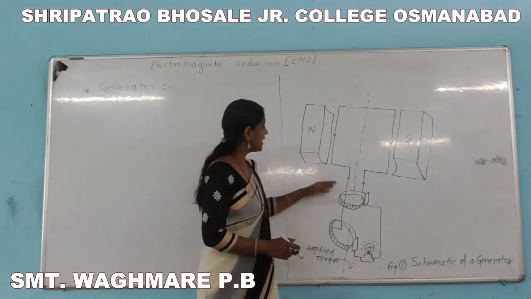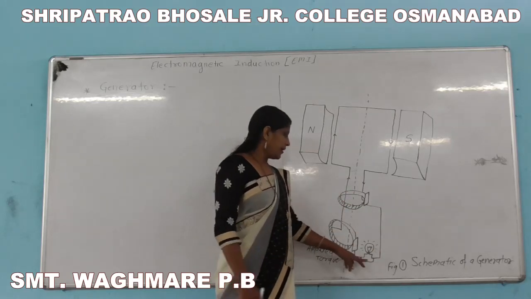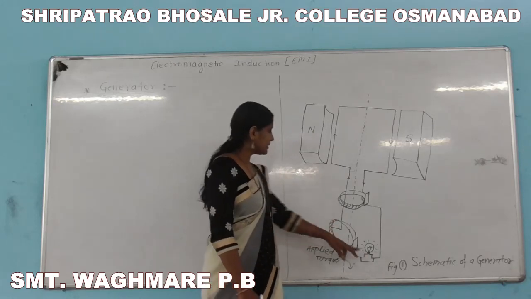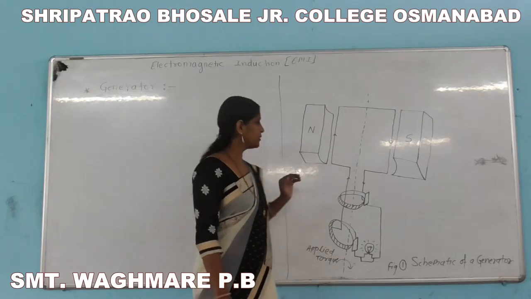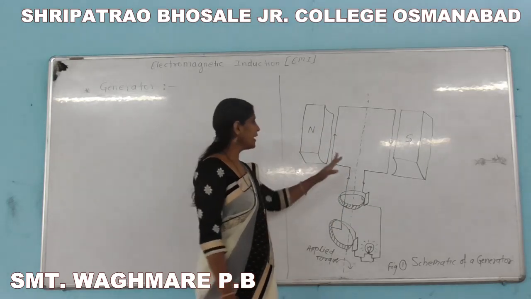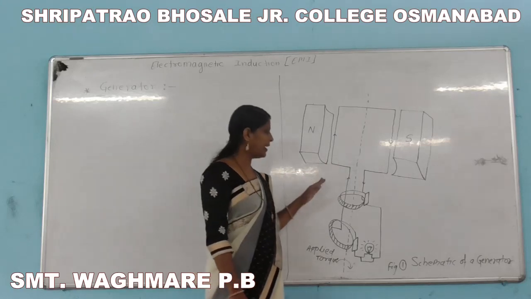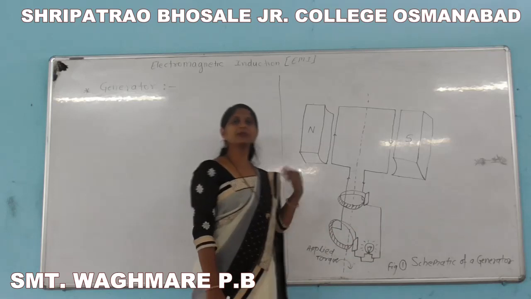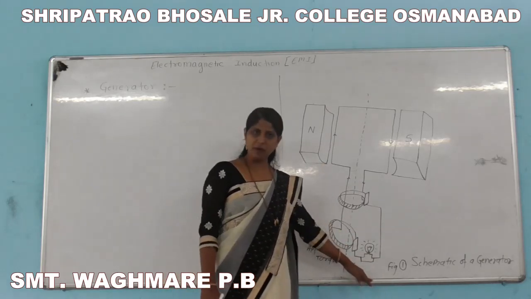This current can be observed by using this bulb. The bulb will be on when current passes through the coil. As we stop rotating the coil, the bulb will be off, and as we start rotating it, the bulb will be on.